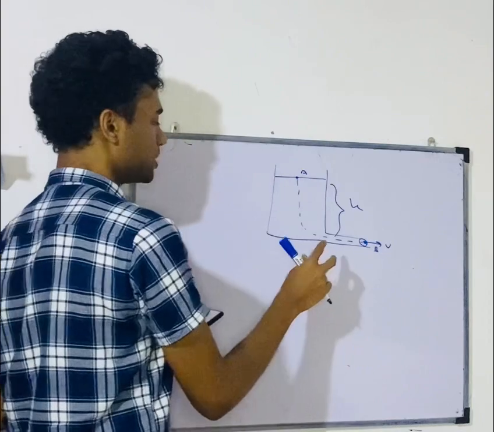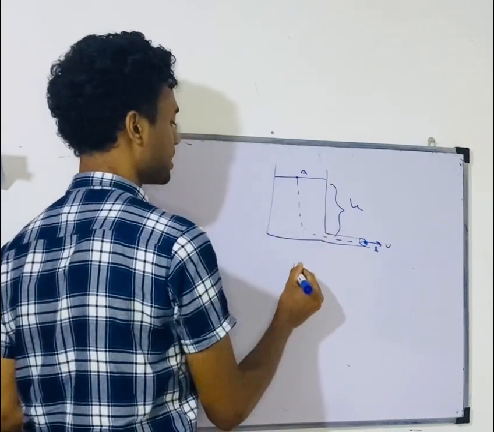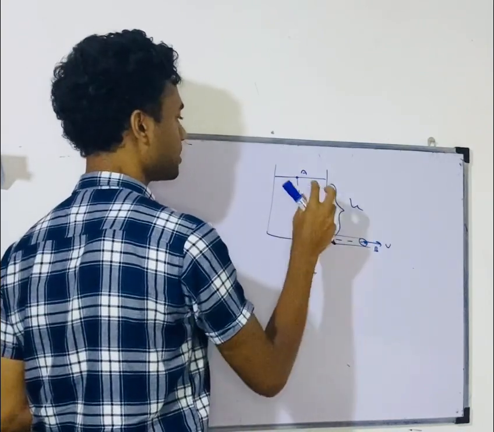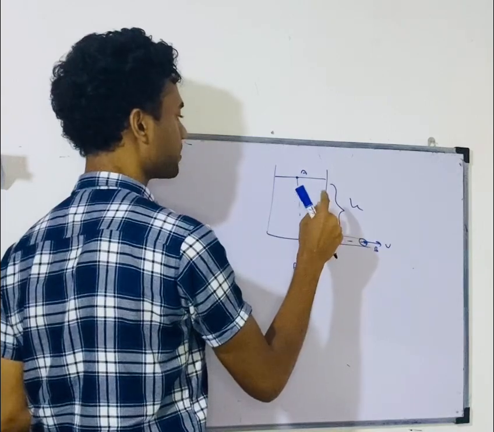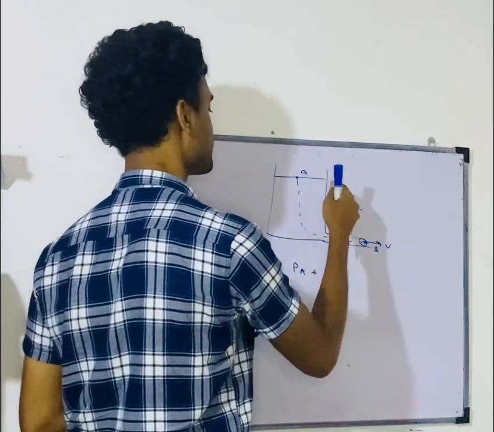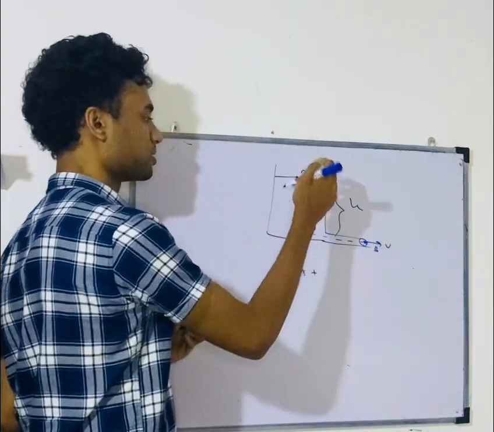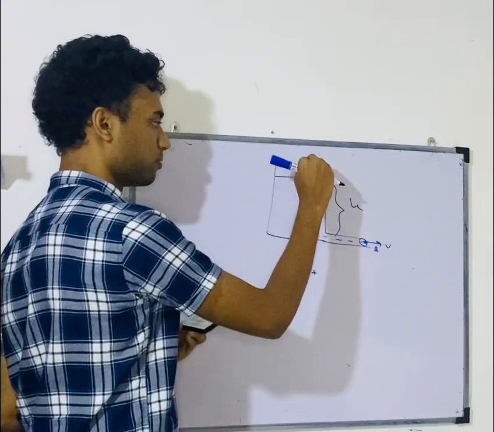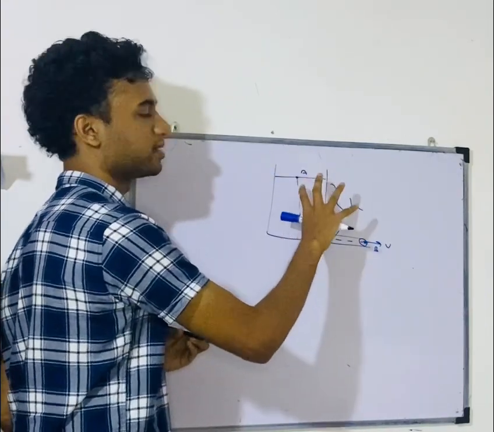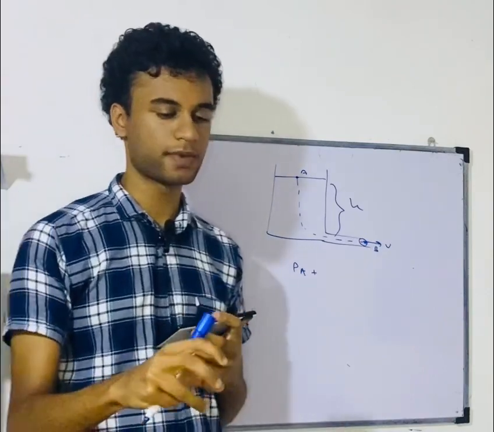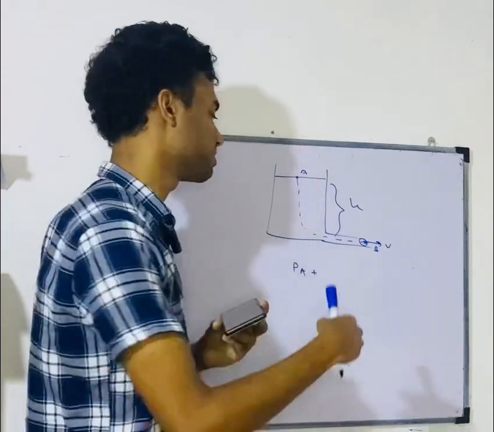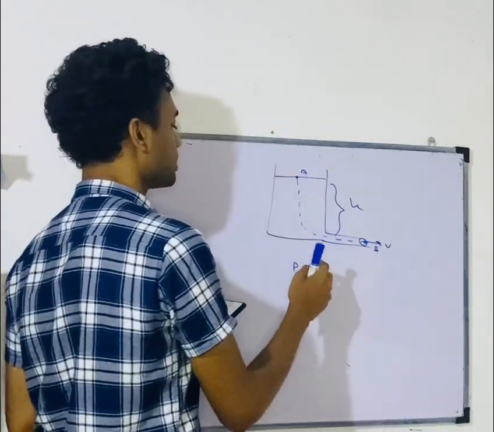So I can apply Bernoulli's principle. I can say pressure at A plus the kinetic energy per unit volume at A. That's going to be 0 because here we consider there's no velocity for the water level dropping. There are certain instances where you have to consider the velocity, but here I'm saying it's 0.